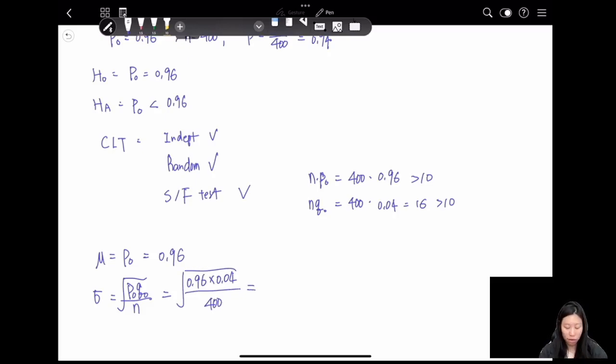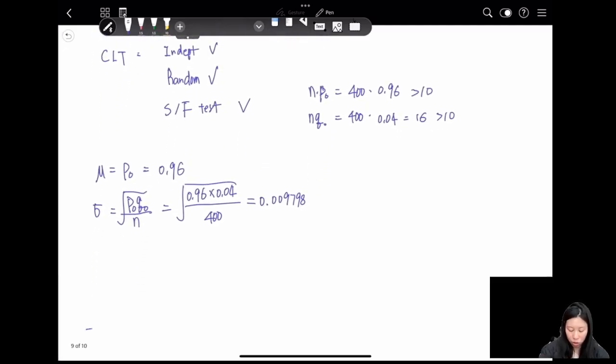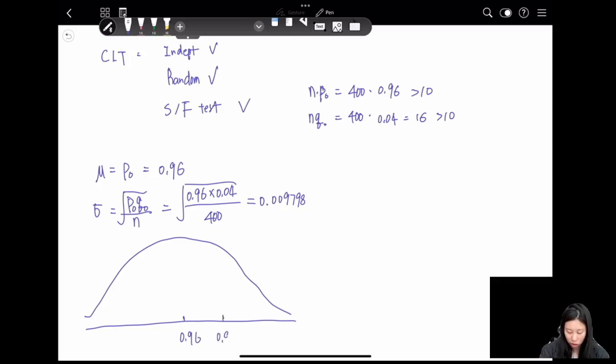So we have sigma equals 0.009798. Okay, and then we draw the normal distribution on it. The center is 0.96. One standard deviation would be 0.969798. And then you add another standard deviation.